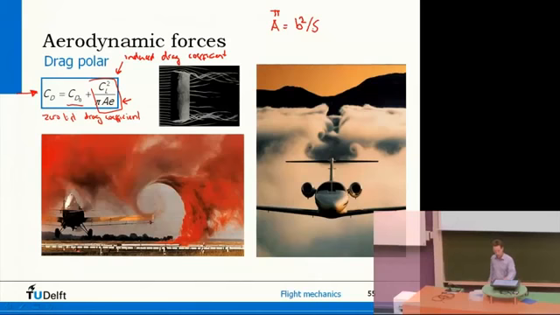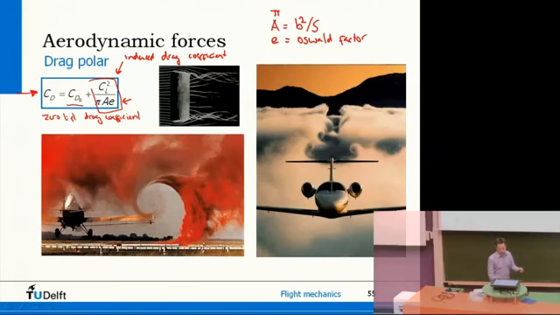And finally, E, that's what we call the Oswald factor. This is basically a factor which tells you how good the wing is. It goes from 0 to 1, and the better you've designed it, basically, the better you have a lift distribution along the wing, the better this Oswald factor E will be.